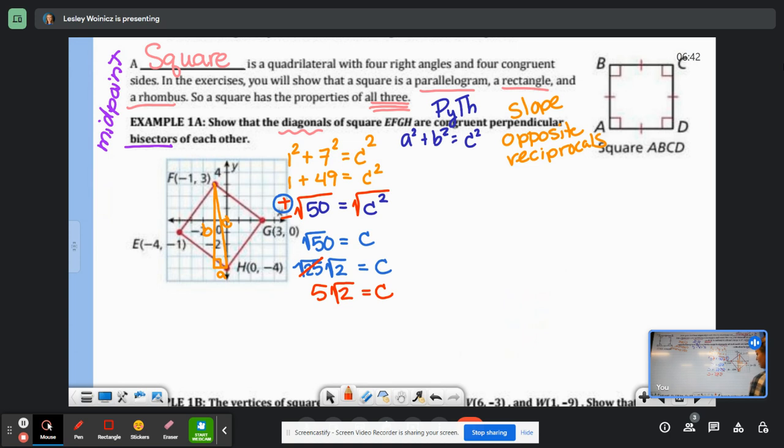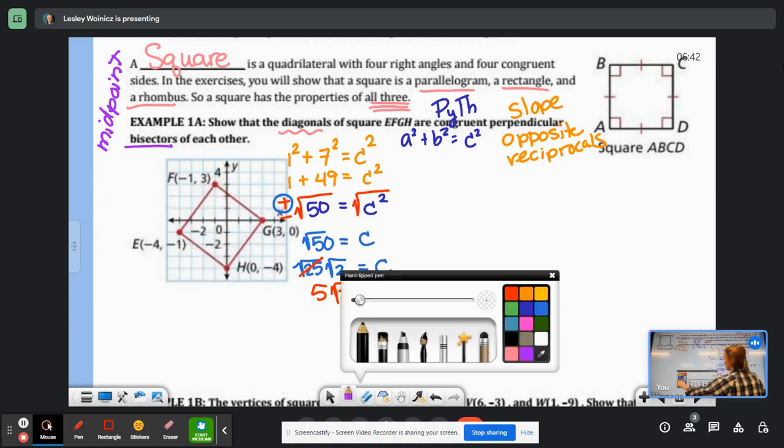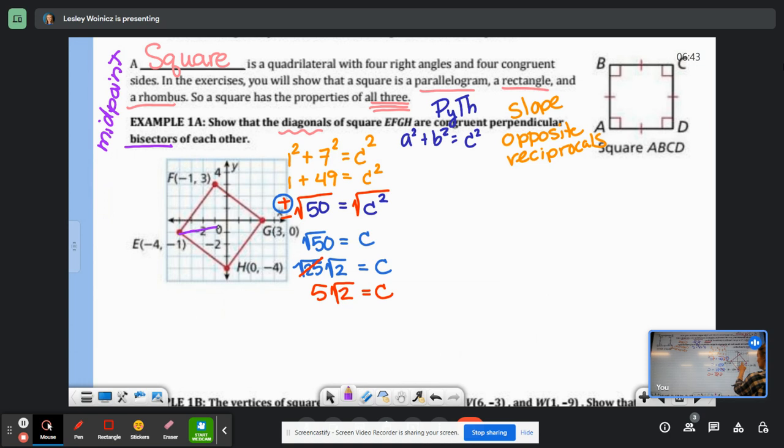Okay, so let's check what we've got for our second diagonal. The second diagonal is going to go right here. Let's make a little right triangle for it. I see an A of 1 and a B of 1, 2, 3, 4, 5, 6, 7.